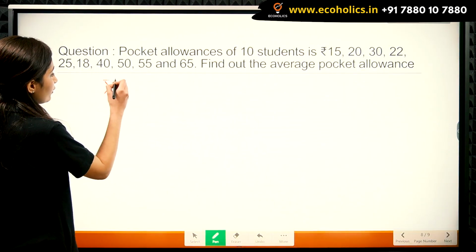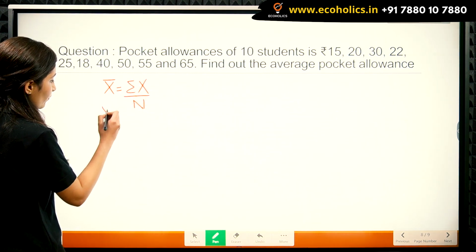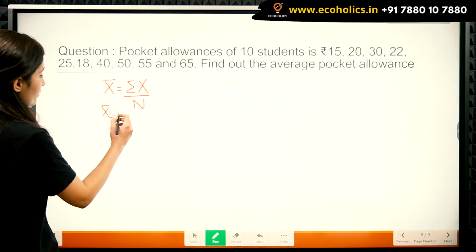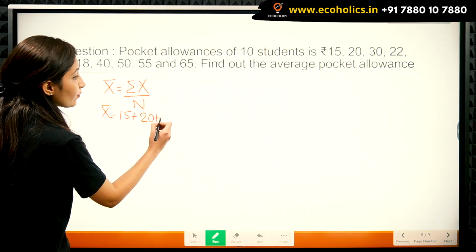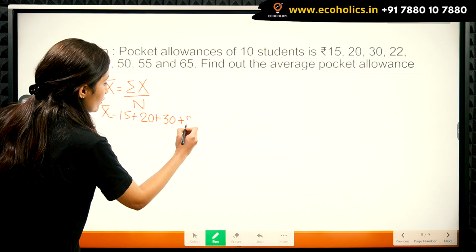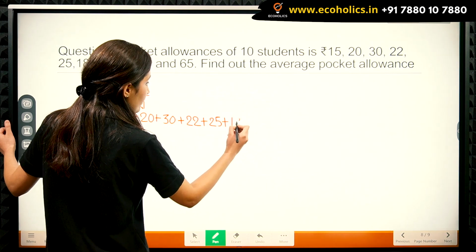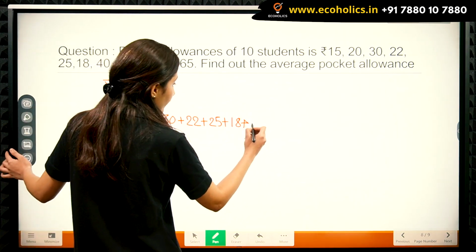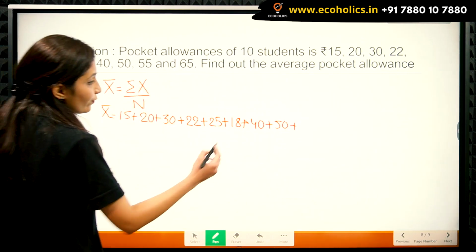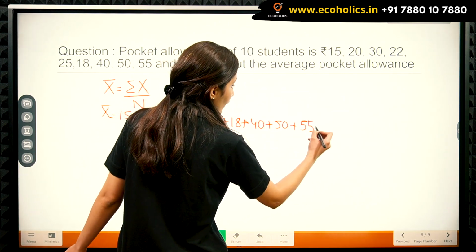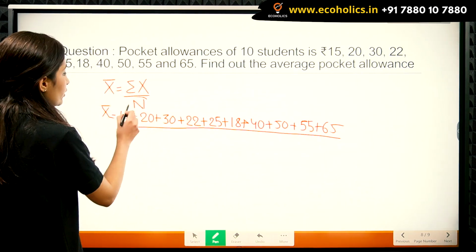Arithmetic mean in this case would be equal to summation x by n. So we'll sum all the observations: 15 plus 20 plus 30 plus 22 plus 25 plus 18 plus 40 plus 50 plus 55 and plus 65, divided by the total number of observations.